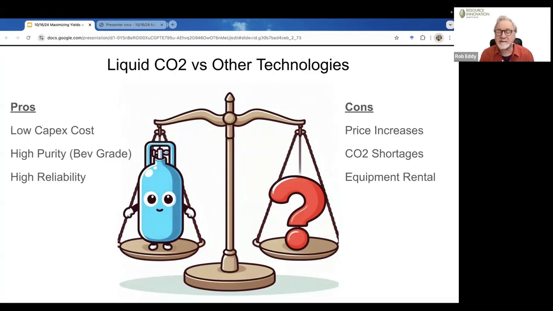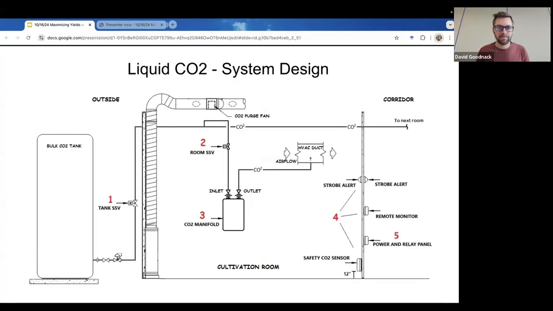David, where is the line between what a company like you would be providing, like when we think about the tanks, and then the distribution system inside the greenhouse? Who installs that, and where do the two meet up? You want to go to slide 1 for me real quick? Sure. Perfect.